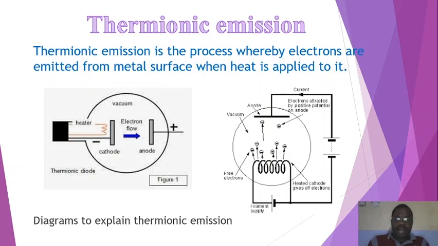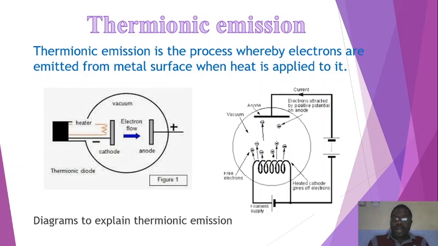Now in this diagram you see that the source of EMF is applied to the filament between the cathode and the anode, and the filament gets hot. Immediately it becomes hot, you see the electrons are released. You see the free electrons as they are released from the tungsten. Immediately they are released, they move at a very high speed and they are attracted to the anode.